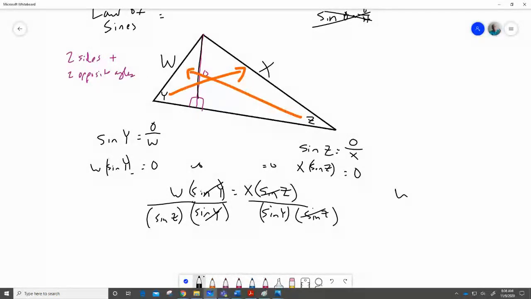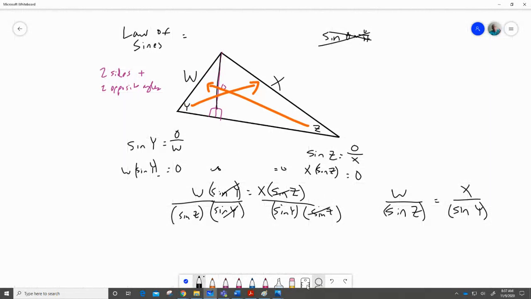So what we end up with is W divided by sine Z is equal to X divided by sine Y. That, my friends, is what the law of sines is. W over sine Z equals X over sine Y. So that really is the law of sines.